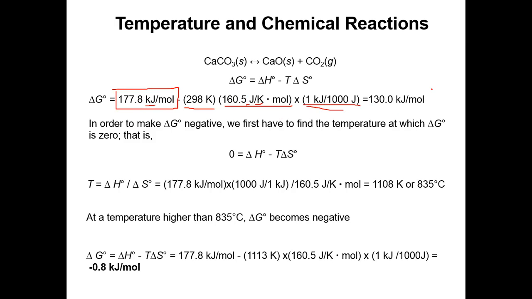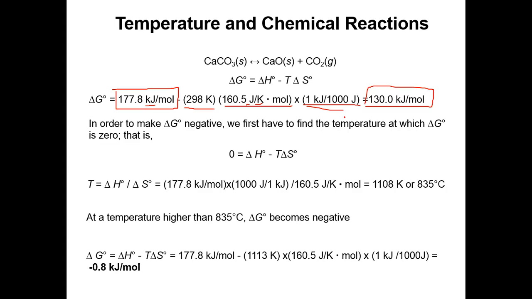It's 130 kilojoule per mole. So it means that this process is not going to be spontaneous, right? Because delta G is more than 0, so the process will not be spontaneous. Now let's see at which temperature the process can be spontaneous.